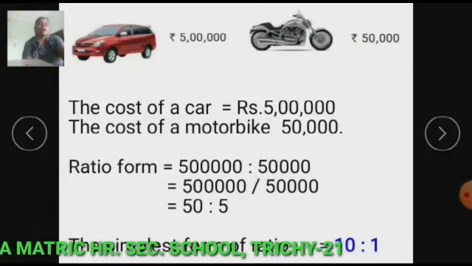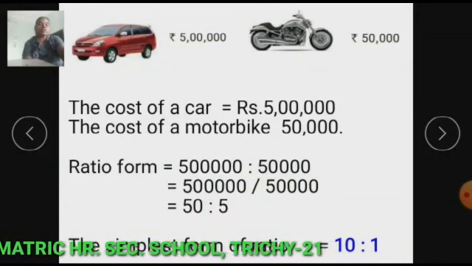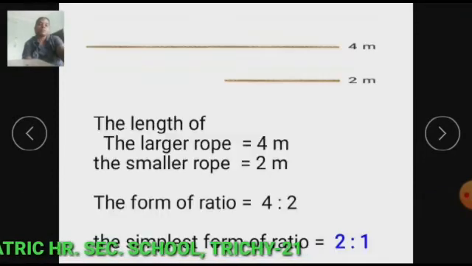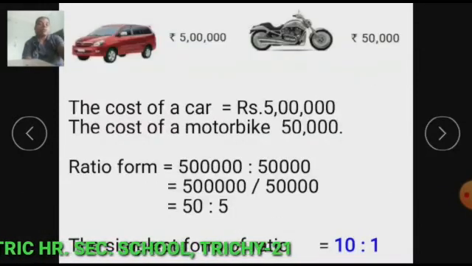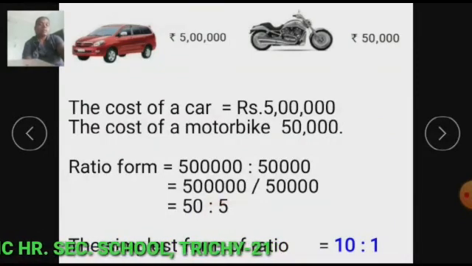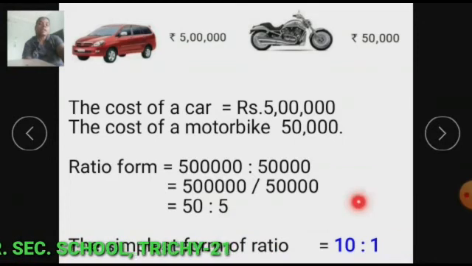We get 50 by 5, equal to 50:5. 50:5 is further simplified by 5. We get 10:1. Here 10:1 is the simplest ratio form.